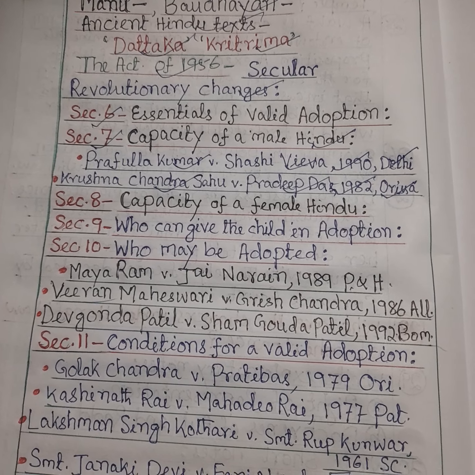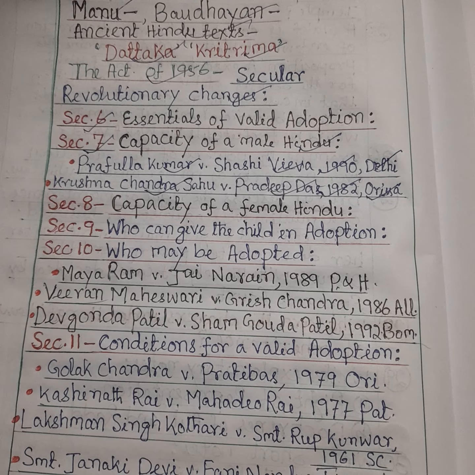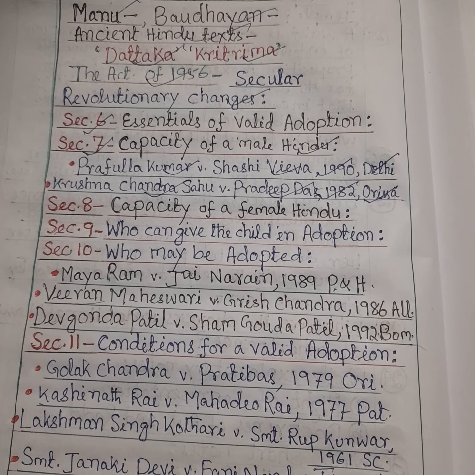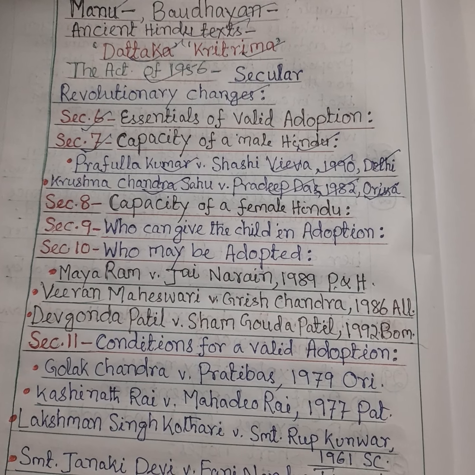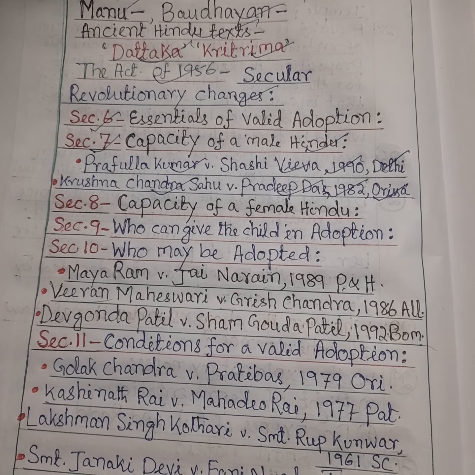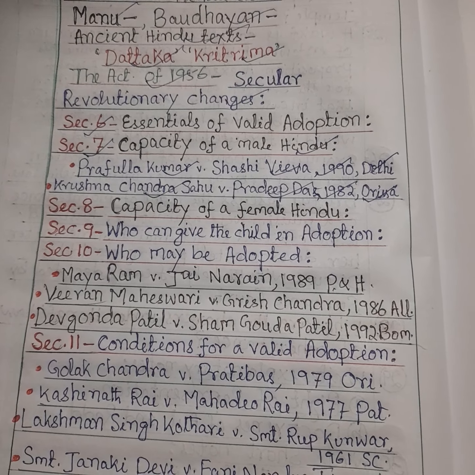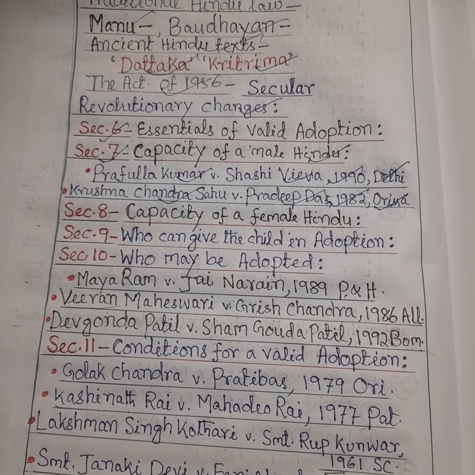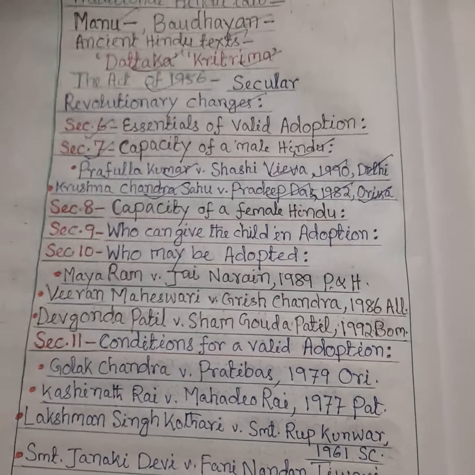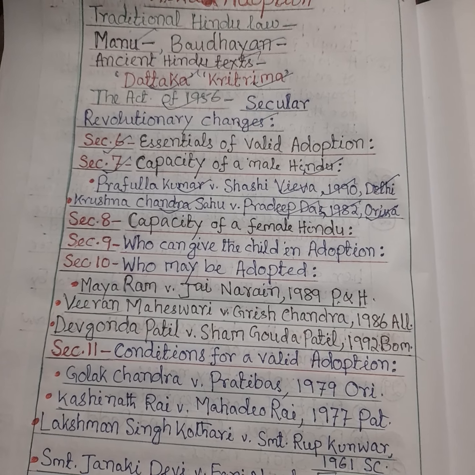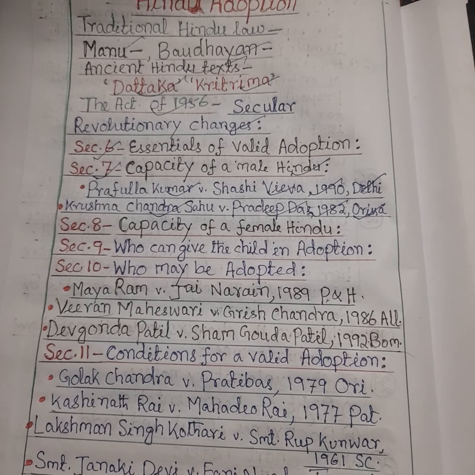And in case of judicial separation, the consent of the wife would be necessary. In a void marriage, the consent would not be necessary. If a person has more than one wife, the consent of all wives would be necessary.